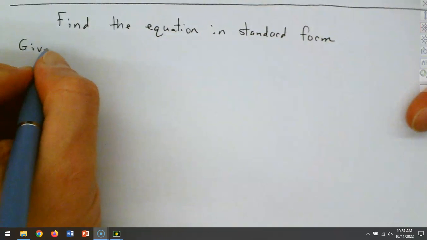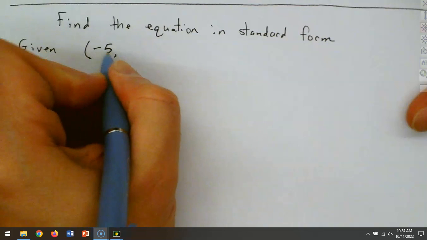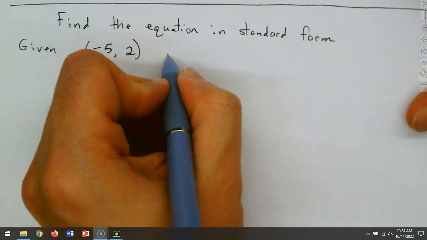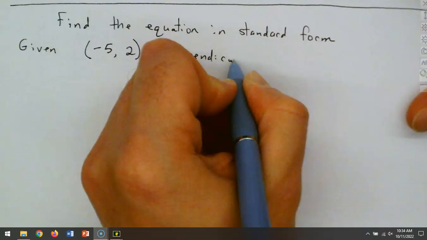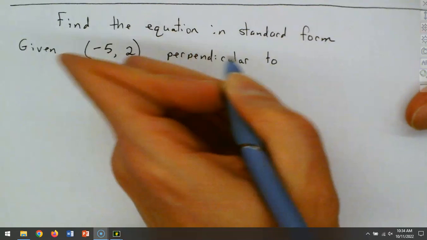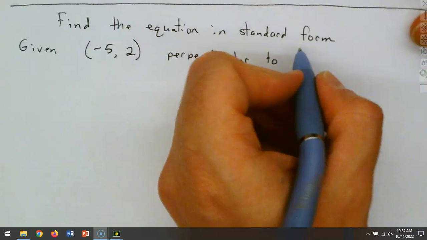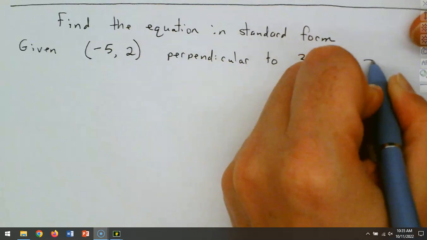And you're going to be given a point, let's say -5, +2, and we'll do a perpendicular one. So let's say it's perpendicular to, how about 3x plus 4y equals 7.